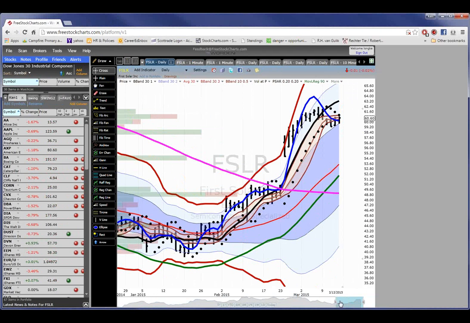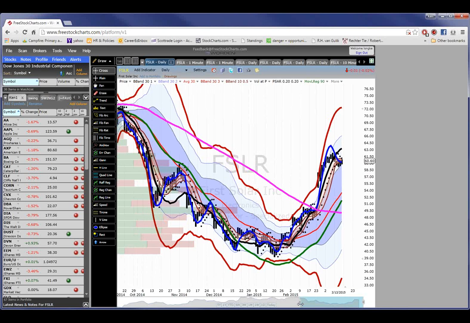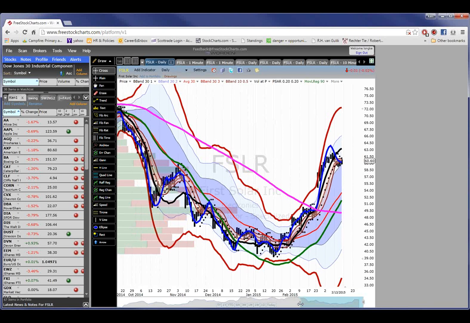And you can see that's a pretty good looking chart on the short term. If we go back about 6 months, you can see that it still has some room to go, even though the last 2 to 3 weeks have looked very strong, and we've had everything cross back over the RL270.